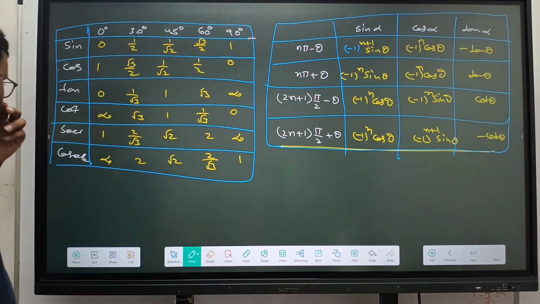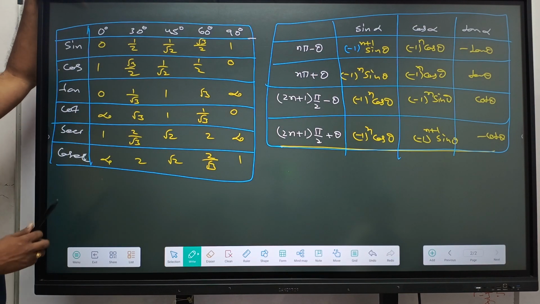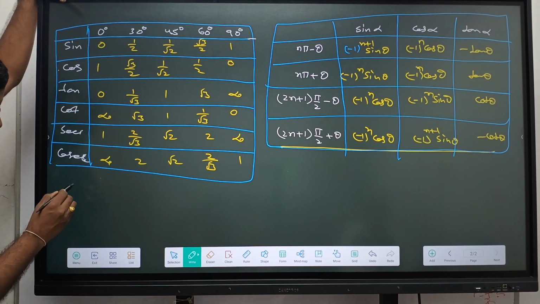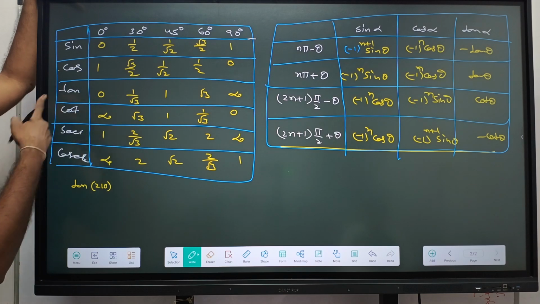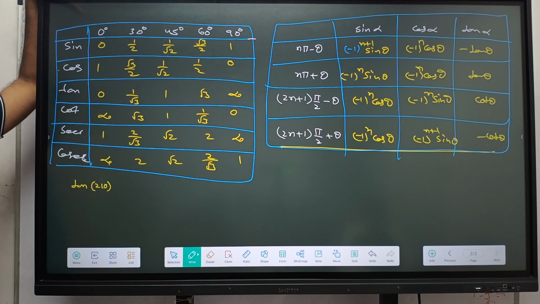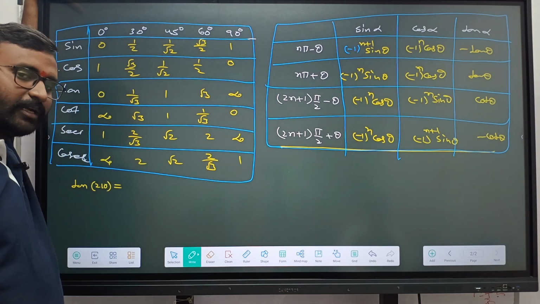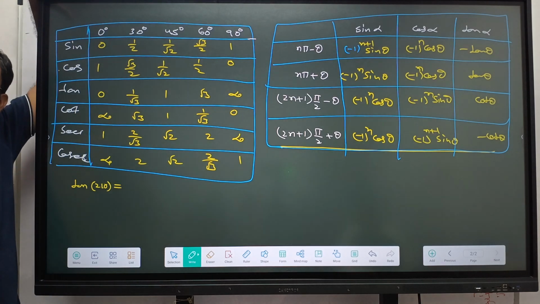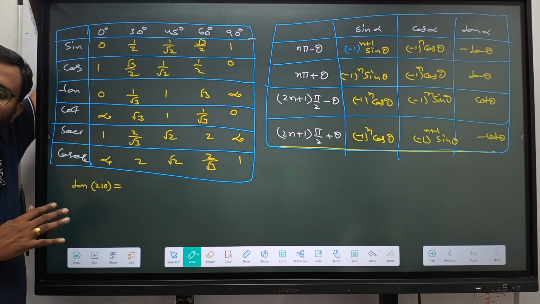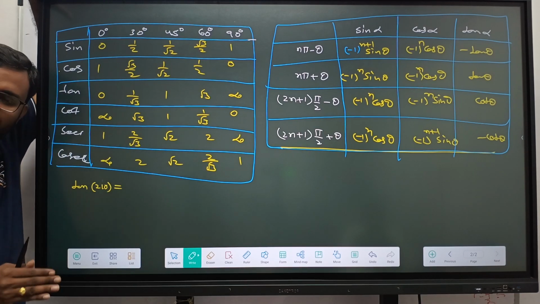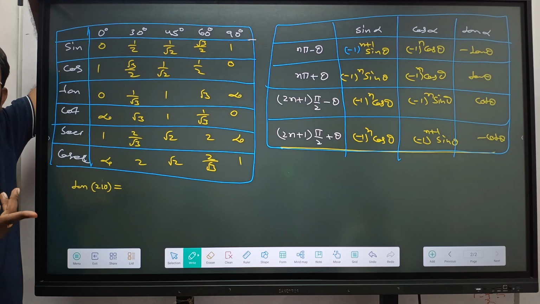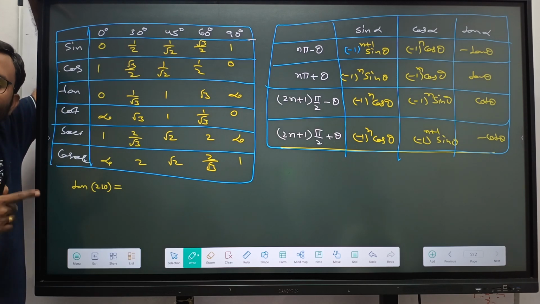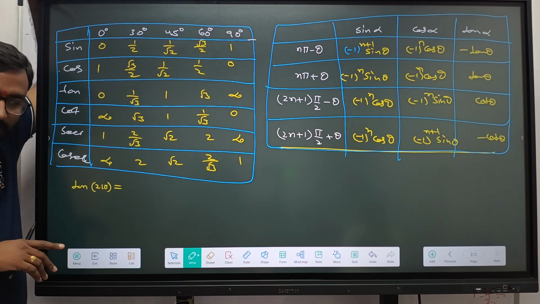Right, come to here. Till 90 we know. Now I want to find tan 210. Is there 210? No. Now you can write this 210 as a known angle plus or minus: 90 plus or minus, 180 plus or minus, 270 plus or minus. Why, sir?